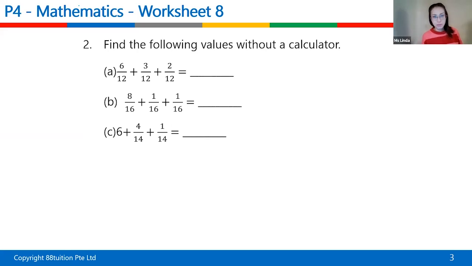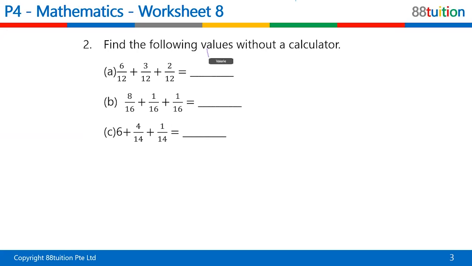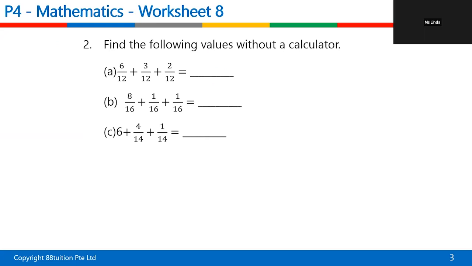Do the first one. 6 plus 3 is equals to 9. 9 plus 2, so you get... oh, you're typing now, okay. So you can just write 11 over 12.